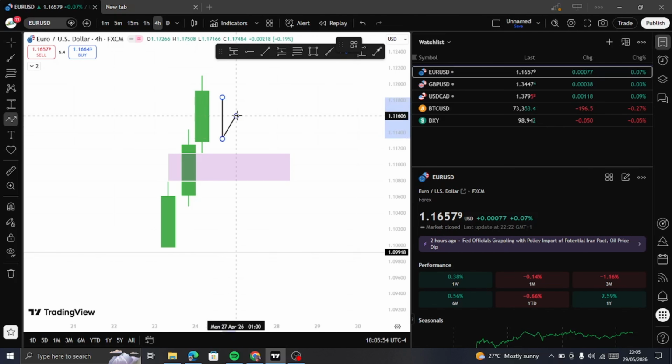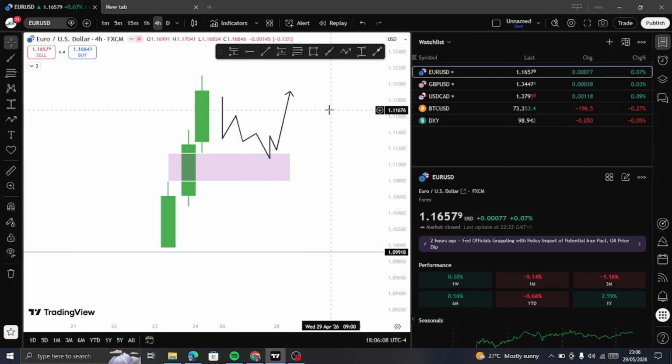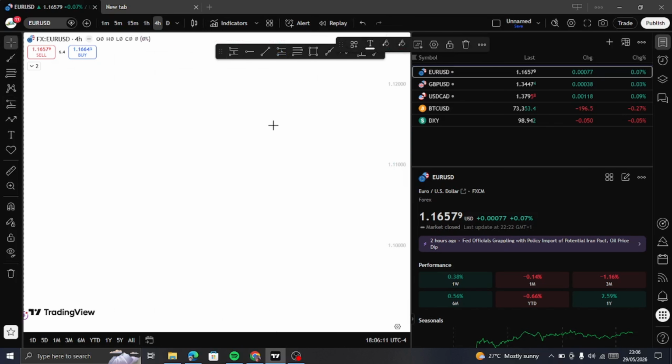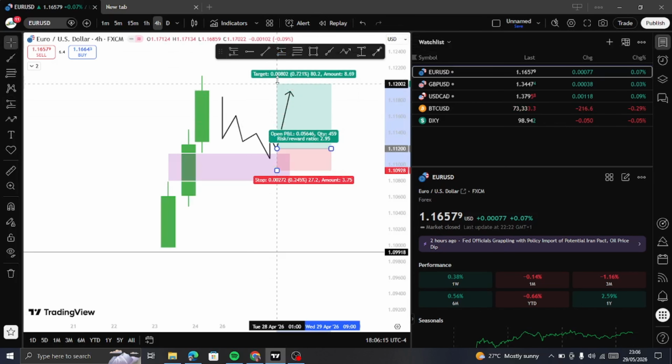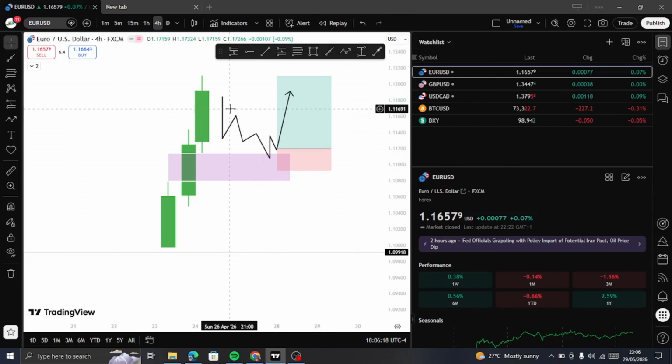Expect market to come like this, touch your fair value gap, sweep your CRT low, then touch your model one and target. You can enter your trade from here. Sorry about the network. And take your trade.